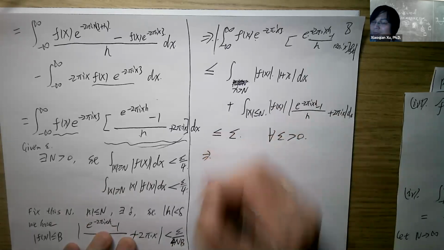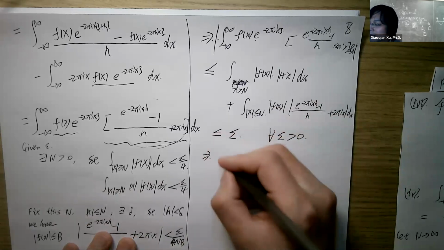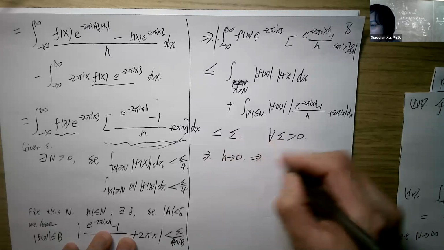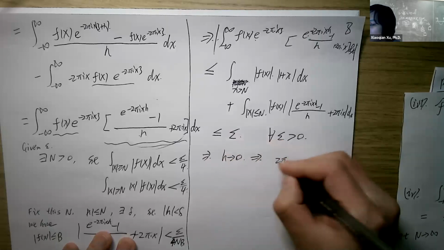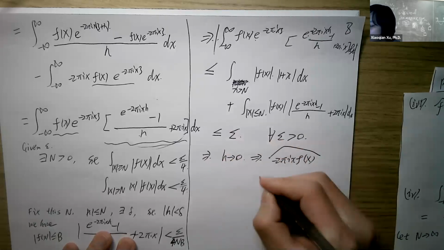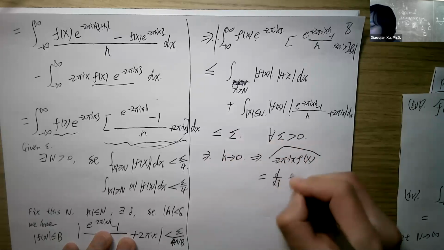So that means if we take h tends to 0, we get that the Fourier transform of -2πix f(x) equals d over dξ of f hat of x.